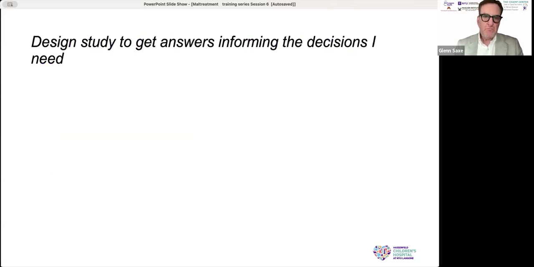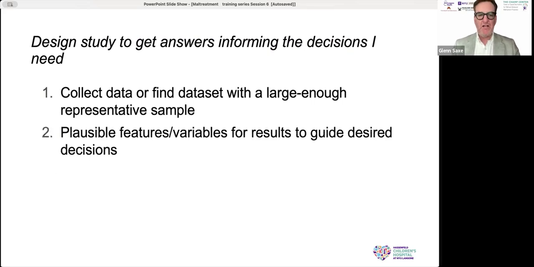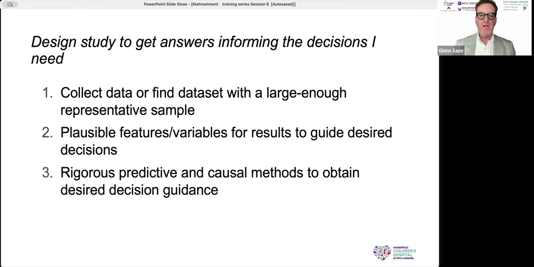So the study design would be, collect data or find a data set. We have to look at all the features in there and are they plausible for guiding the decisions? And are we using the right methods to obtain this? Because all of this comes to models that end up being programmed into the tool, being translated into decisions.